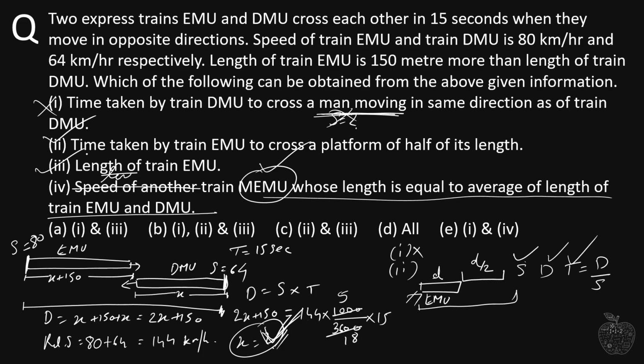Like in point 2 we were given that there was a platform. If there was a platform and the question had said that this train covers it in some certain time, then we would have been able to calculate the speed, but in this case we cannot. So no, 4 cannot be calculated. So only 2 and 3 can be calculated. So here option C is the correct one.